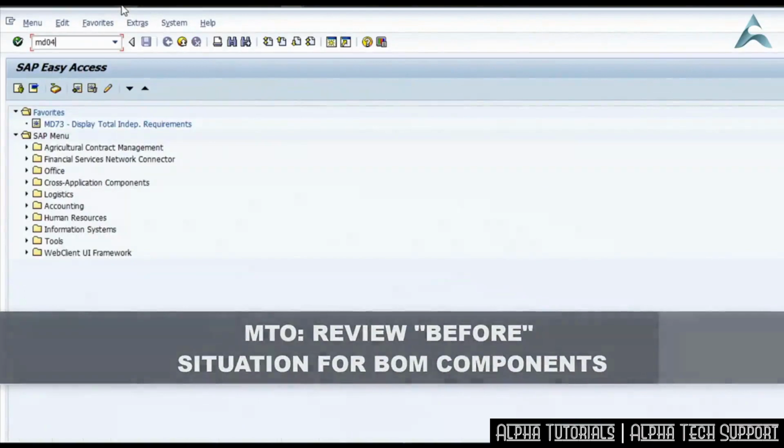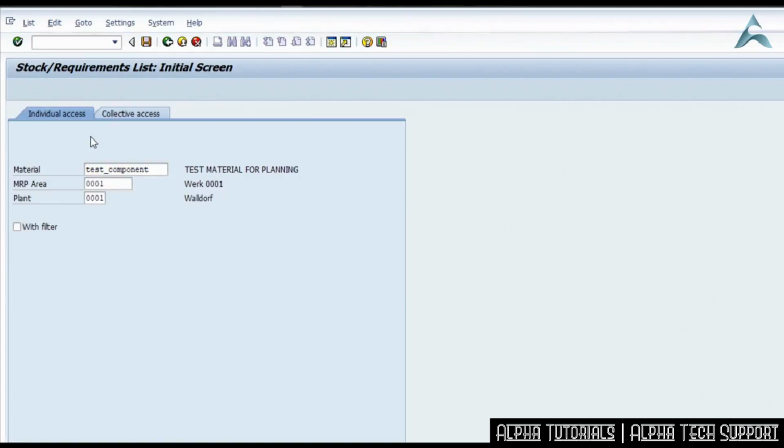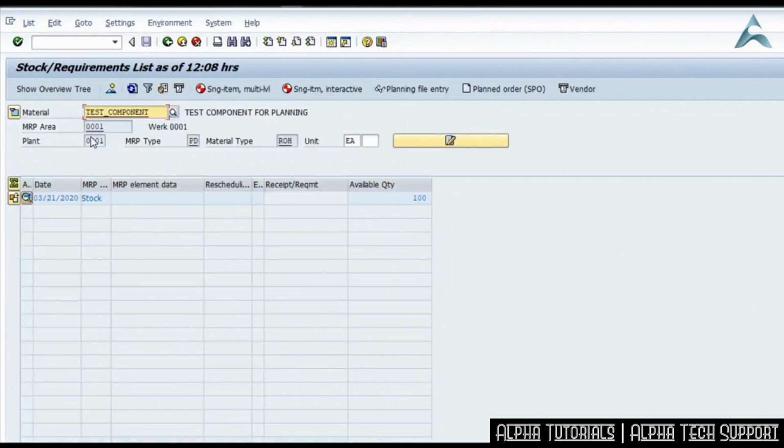The next step of the demo will use MD04 to show there is no dependent demand on the components tied to a finished good using a make to order strategy. If you remember from our first demo, test component was the first component on that BOM for the test material.